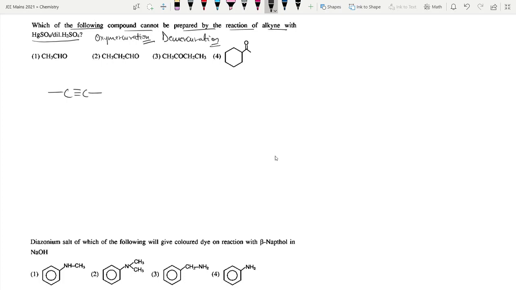Suppose this is an alkyne, and I would like to take an unsymmetric alkyne, because this is what is going to be interesting here, because with symmetric alkynes you can add anything on both sides and you get the same result. So I will take, let's say, CH3C triple bond CH, and then I take Hg2+, which comes from the HgSO4, and it can make a pi complex with this molecule.